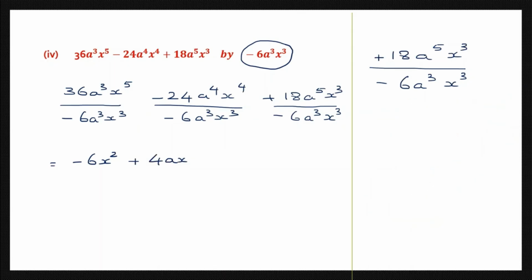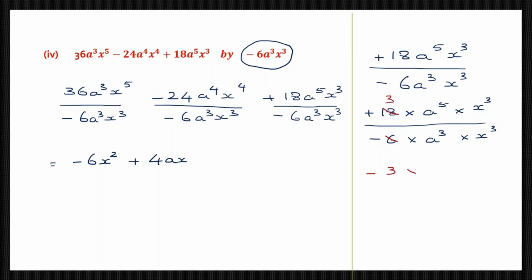Now we can take the third term. So we have the third term here. Let's write that, plus 18 into a to the power of 5 into x to the power of 3. And in the denominator we have minus 6 into a to the power of 3 into x to the power of 3. Cancel. Now minus into plus is minus. 6 threes are 18. So that is 3 into a to the power of 5 minus 3 into x to the power of 3 minus 3.